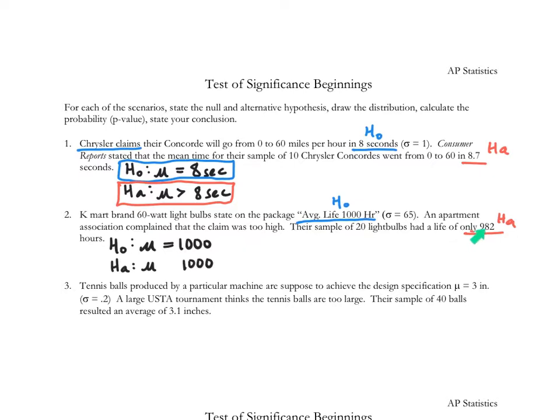How does 982 compare to 1,000? Is it more than 1,000 or less than? It's less than, right? So this is my null hypothesis, and this second one is my alternate hypothesis. Okay.